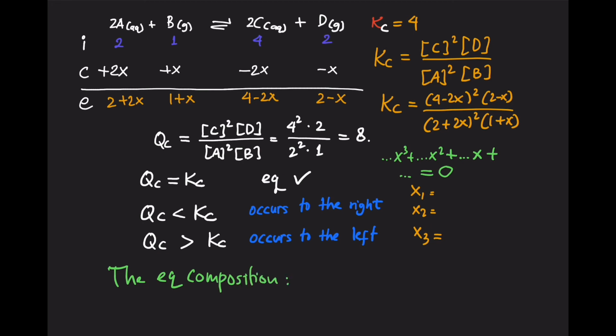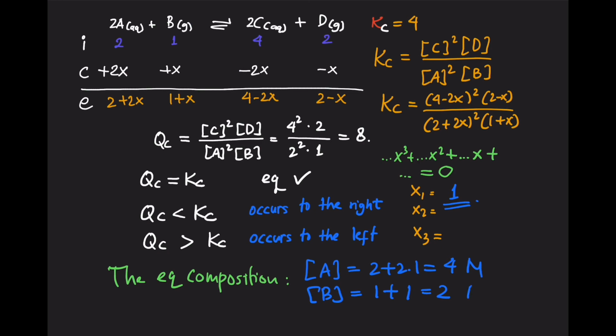Now, just for the sake of calculation, let's say that the x that we got is 1, for instance. We have 1 as the x. So we can say that at the equilibrium, we have the concentration of A being 2 plus 2 multiplied by 1. So 4. The concentration of B will be 1 plus 1. So 2.